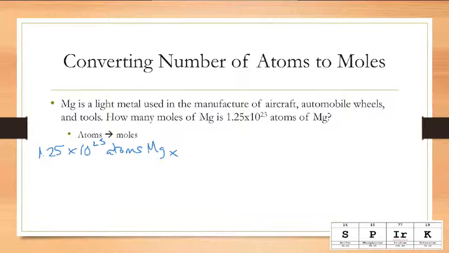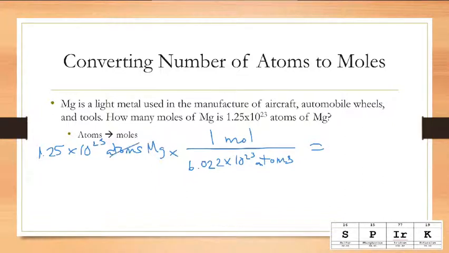And we're going to use our conversion factor of 6.022 times 10 to the 23rd atoms for every 1 mole. So when we look at our units, we can cancel atoms with atoms, and we're left with mole on the top.